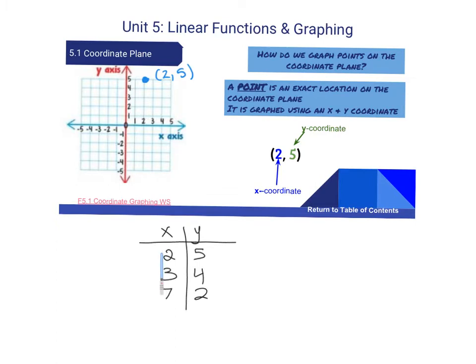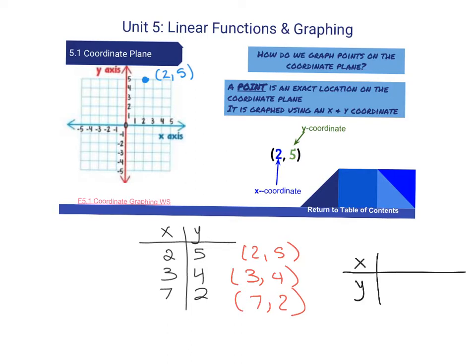But horizontally, 2, 5 is one ordered pair. 3, 4 is the other, and 7, 2 is the other. The other way that you may possibly see it is horizontally, where they put x and y this way, and they would go 2, 5, 3, 4, 7, 2. So all of these ways of writing ordered pairs are a little bit different, but they all give you the same x, y ordered pair.